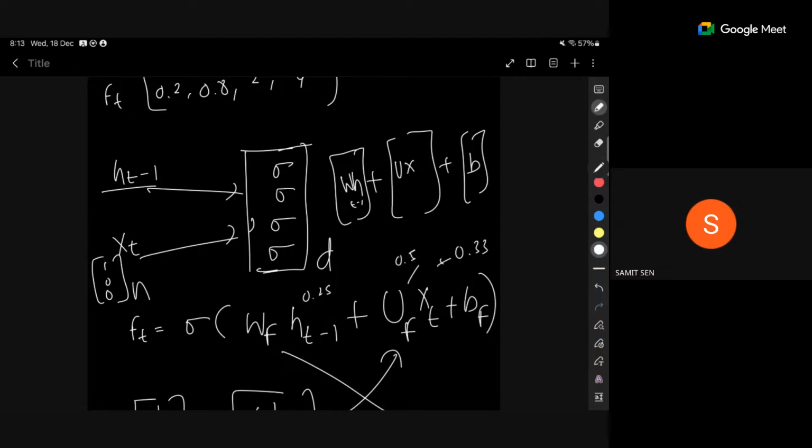This vector is coming because we have a layer of sigmoid neurons, and each row you can consider as the output of that sigmoid neuron. That's how the computation goes.